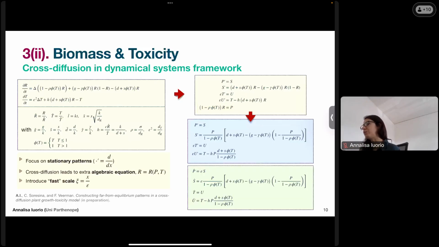But again, as we've seen in the beginning, if we rescale the independent variable, we can obtain an equivalent formulation on the fast scale, where now epsilon appears on the right-hand side. So in this sense, we keep the notation slow and fast, even though we are not talking about time anymore.